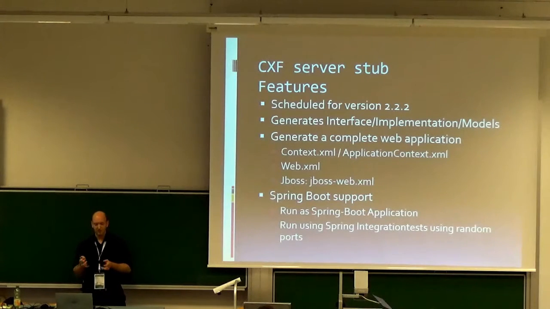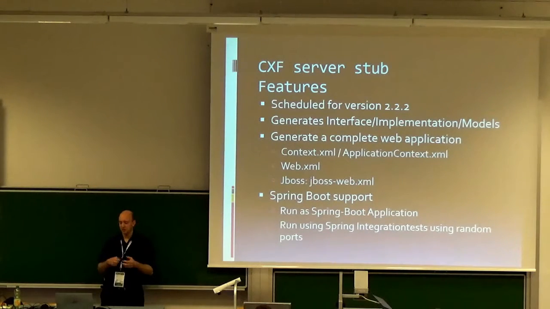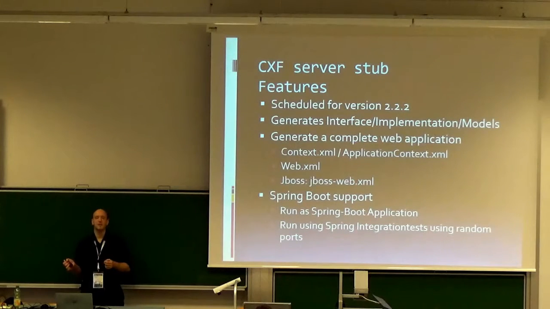But with the server stub, you can now also generate a complete application. It includes the Spring configuration files and the web deployment descriptor, and for JBoss, the web deployment descriptor. You can run it as a Spring Boot application, and it also includes Spring integration tests.